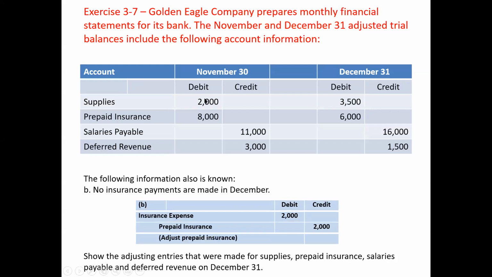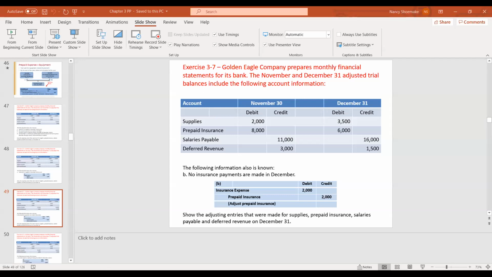Next, prepaid insurance began at 8,000 and our ending balance was sitting at 6. And it tells us no insurance payments are made in December. Well, if insurance was at 8, and it ends at 6, what had to happen here, guys?